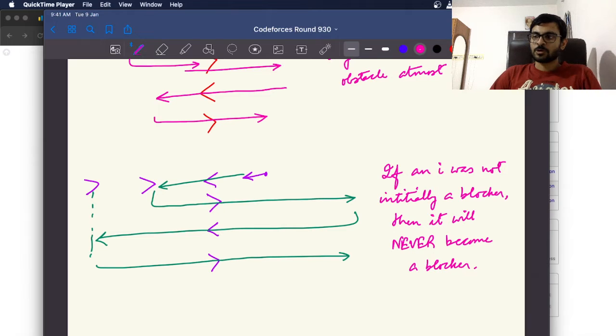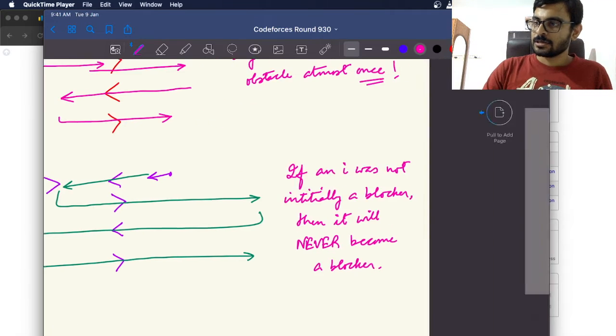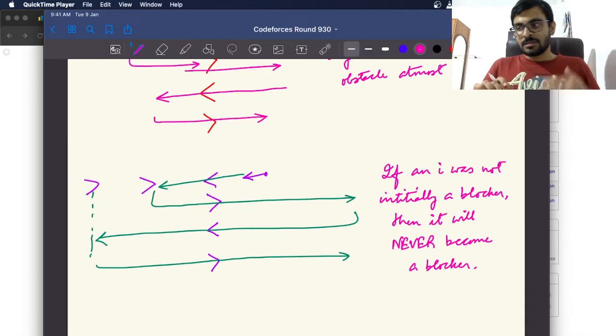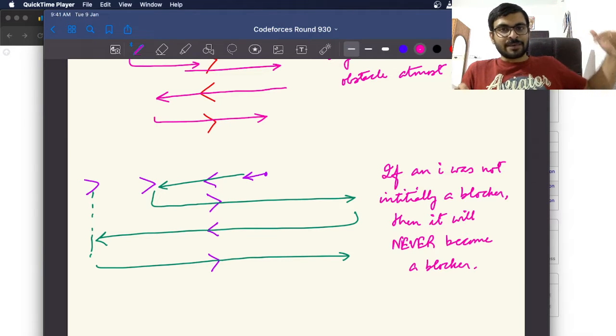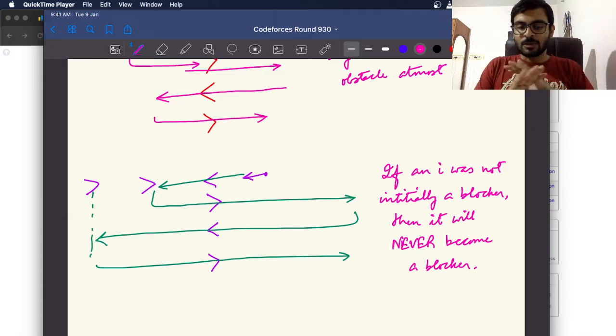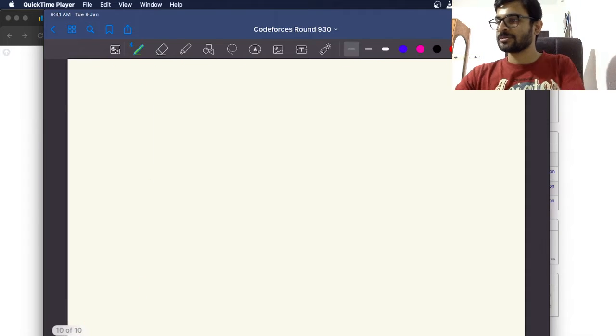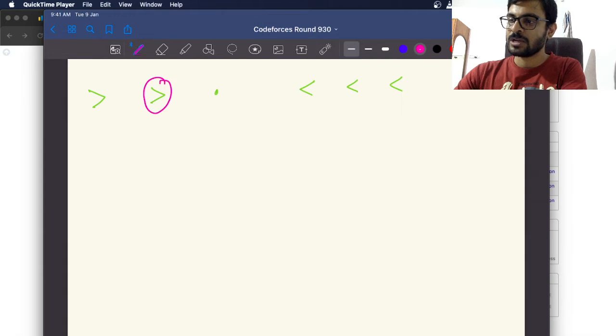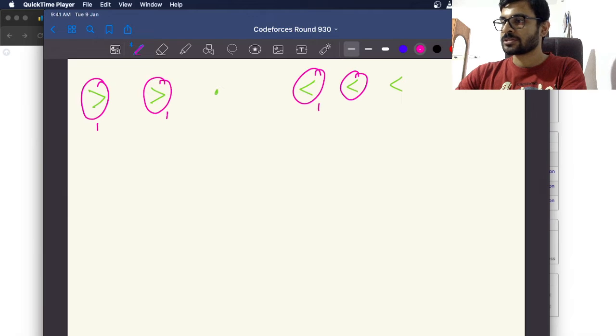So this tells me that for any given index starting position, the right arrows to the left and the left arrows to the right are the only hindrances, correct or not? If I'm starting from this position, whatever right arrows are to the left and whatever left arrows are to the right, they are the only hindrances, and each will become a hindrance only once.